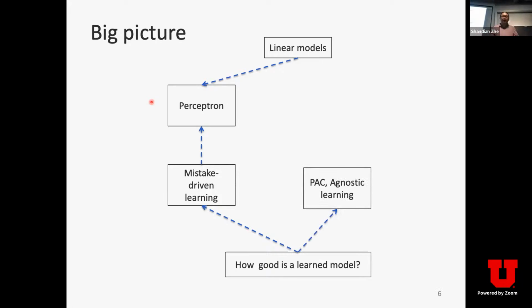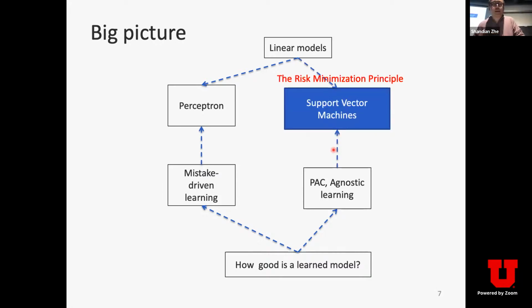We also talked about, in theory, how to view a model as good. That brings the so-called PAC learning concept and agnostic learning setting, and then the sample complexity bound, the generalization error bound, and the structure of the bound. As we'll see later, this leads to the so-called risk minimization principle, with a well-known example, the support vector machine.